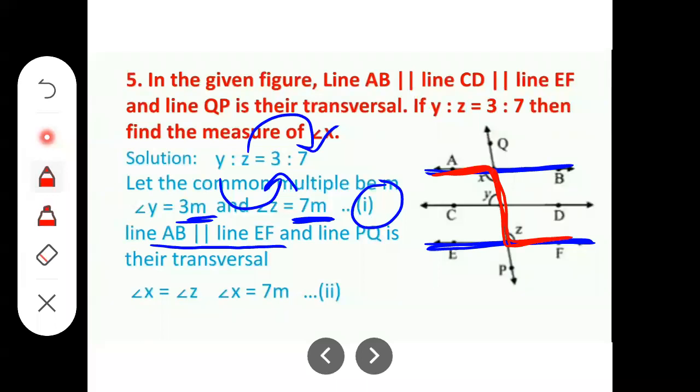So whatever will be the measurement of Z, that will be the same for the measurement of X, because alternate angles are congruent. So angle X equals angle Z. As Z is 7m, X will also be 7m. Understood? X will also be 7m.